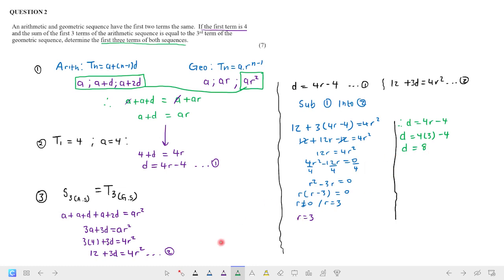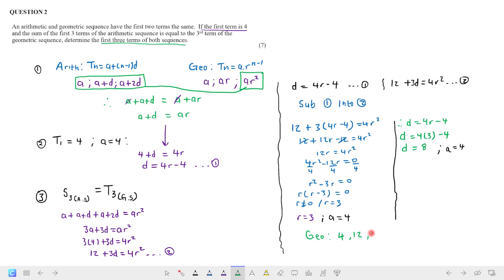And so now I know that here my A is 4, and there A is also 4. So to generate the first three terms of the geometric sequence, my first term is going to be 4, and then to get to the next term I need to multiply by 3. So 4 times 3 is going to be 12. 12 times 3 is going to be 36.